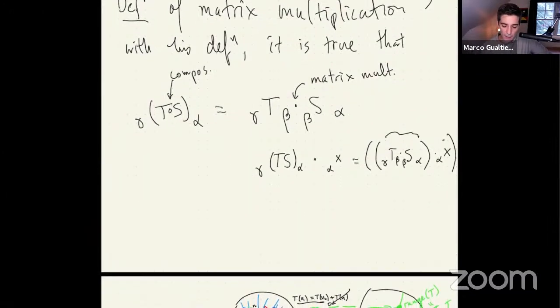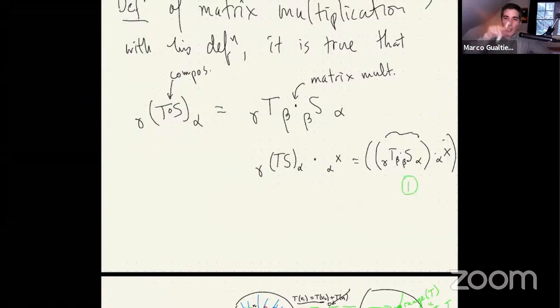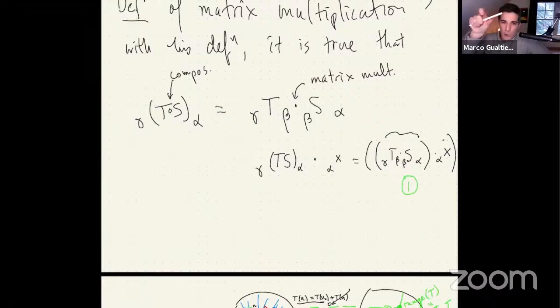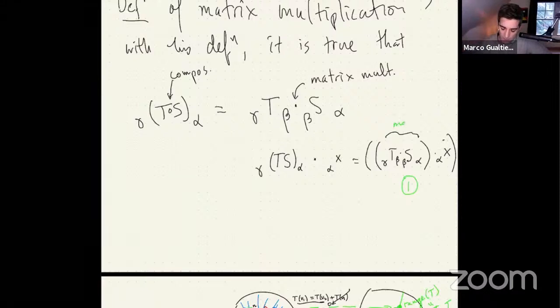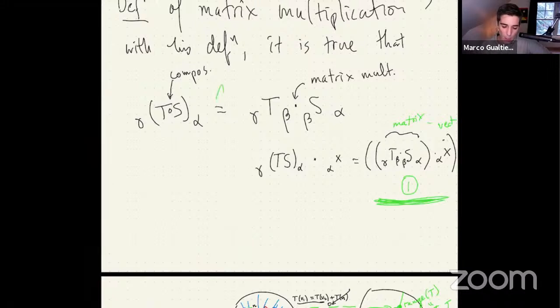But we know that, so let me start here. 1 is here. I have a matrix multiplication giving a matrix, a matrix and a vector. And I have another matrix multiplication right here. So I'm going to start the journey here. I'm going to use this equation, and I'm going to pass here to part 2.